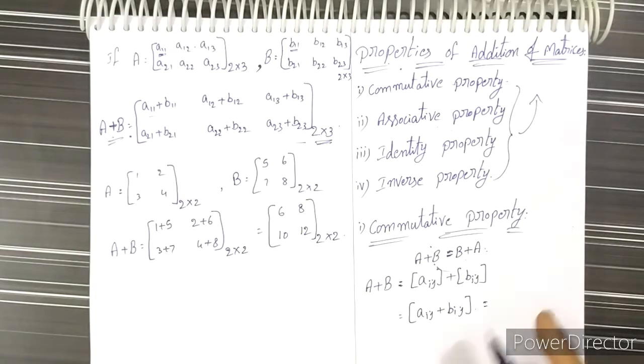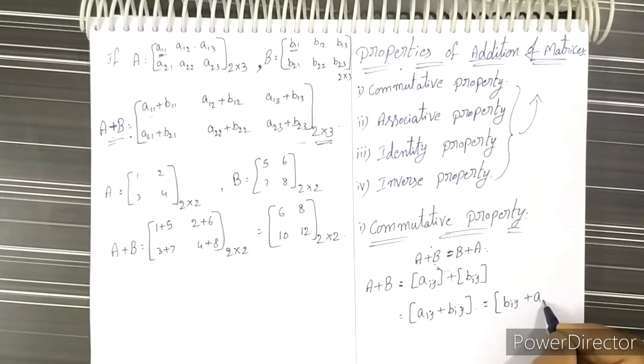We know already from previous classes that all numbers are commutative. That means Aij plus Bij can be written as Bij plus Aij.